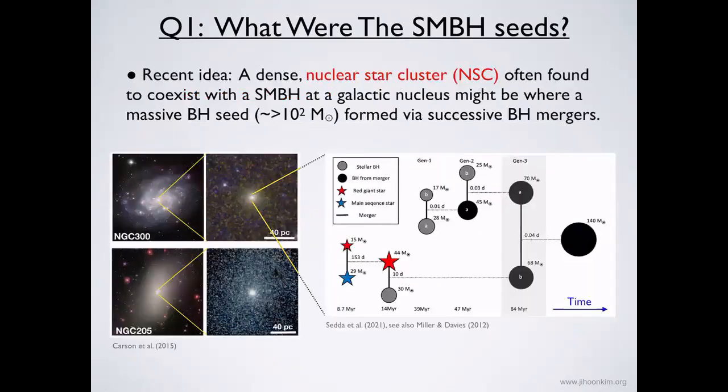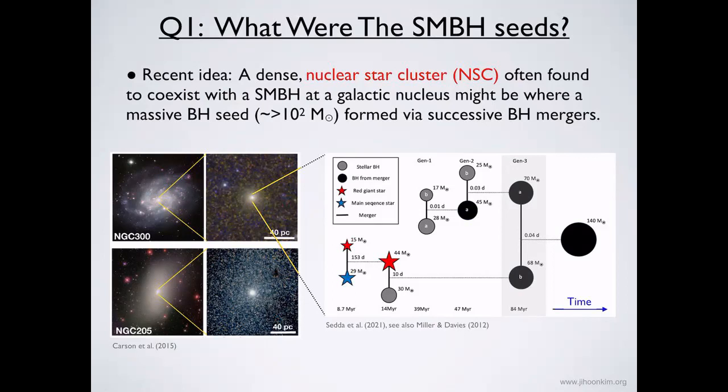And the third, more recent idea that people are talking about is the successive mergers that could happen at the center of a really compact, dense star cluster, such as the nuclear star cluster that exists in many galaxies.